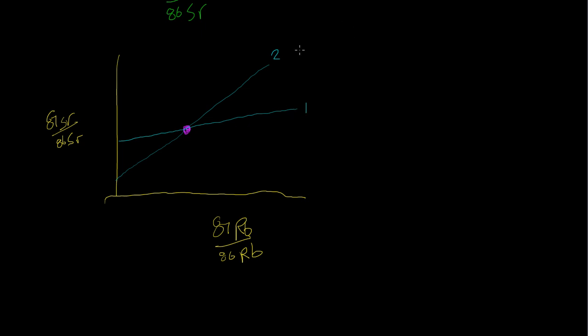So line 2 here is older, but had a lower initial ratio of strontium-87 to strontium-86. Line 1 represents a younger rock, so it's less old, it hasn't evolved as much, but it started out with a higher concentration of strontium-87 to strontium-86. So I don't know which of those two lines, or which, if any line, is correct. With just one point, that's not enough to define a line.